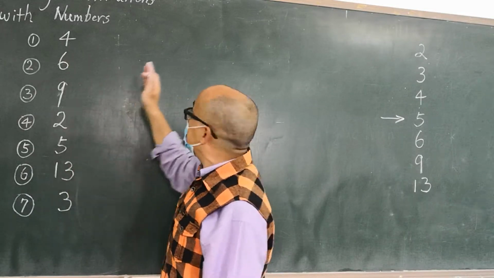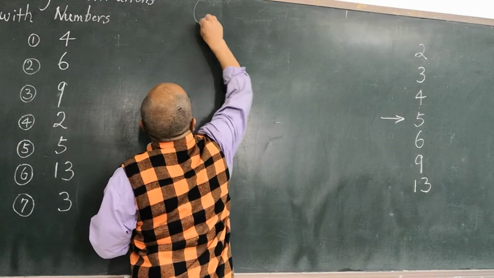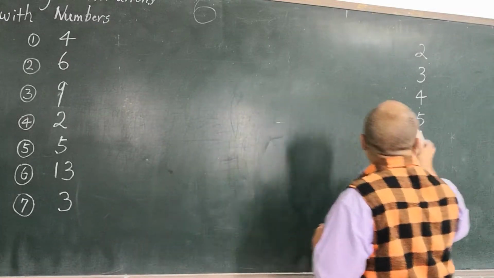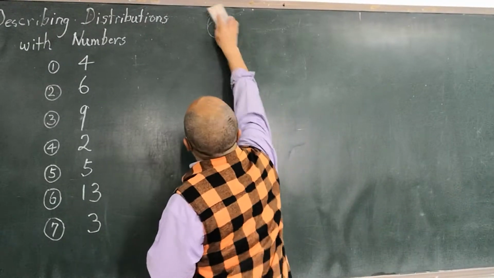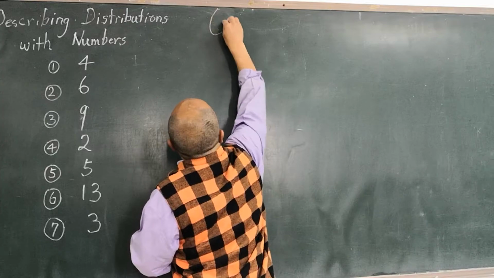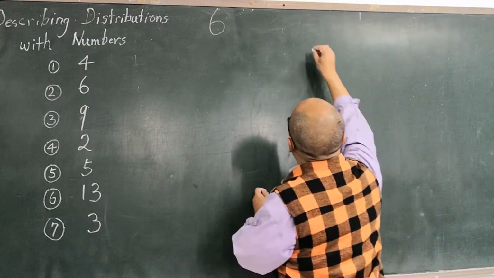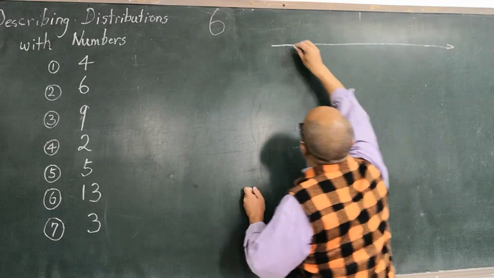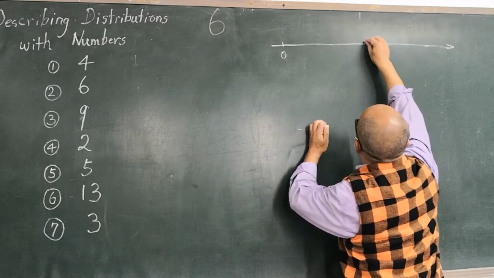For each number, the distance. We know the mean is 6. Let's say here is 6.